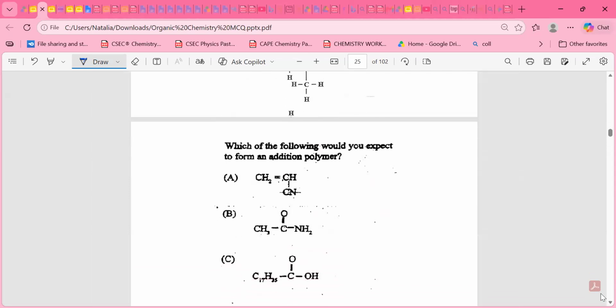Which one of these contains a carbon double bond? Miss, A. A, miss.